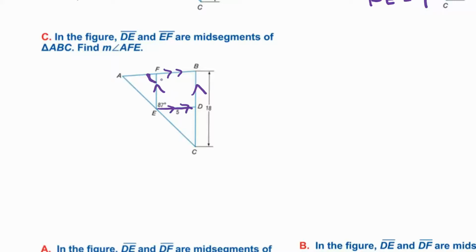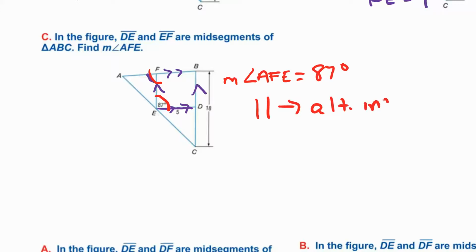Well, FE would be the transversal, which would make this angle and this angle alternate interior angles. So angle FAE would be 87 degrees, and that's because parallel lines give you that alternate interior angles are congruent.